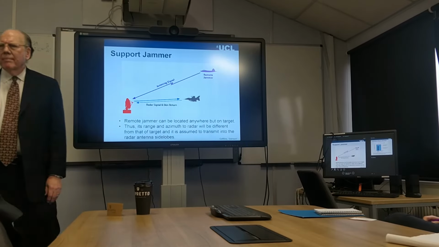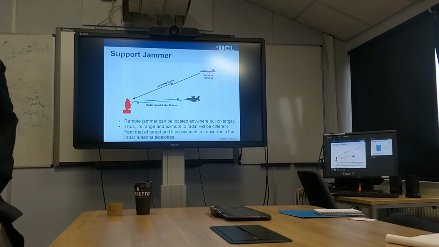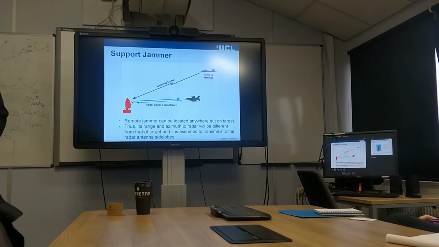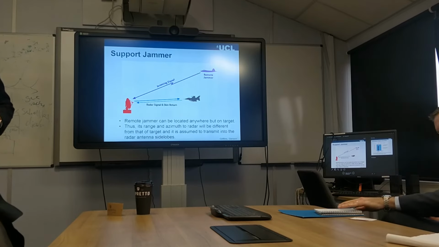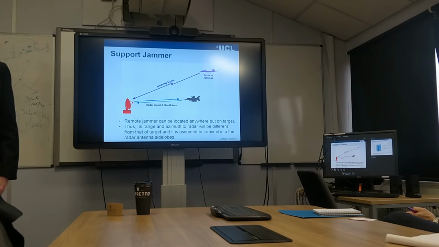Do you think going forward every kind of plane will have its own jammer, or is it better to have specialised escort systems that do the job? Yeah, most of the tactical aircraft have jammers on them now, but they may not be very powerful.